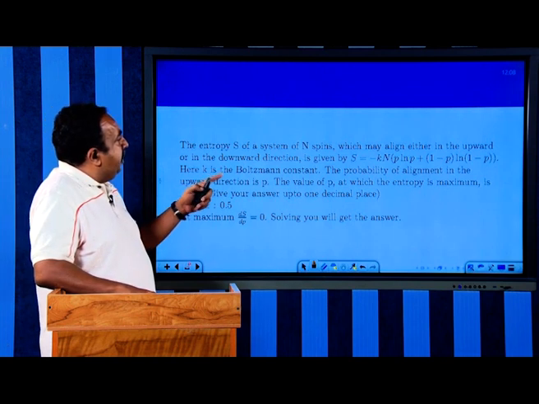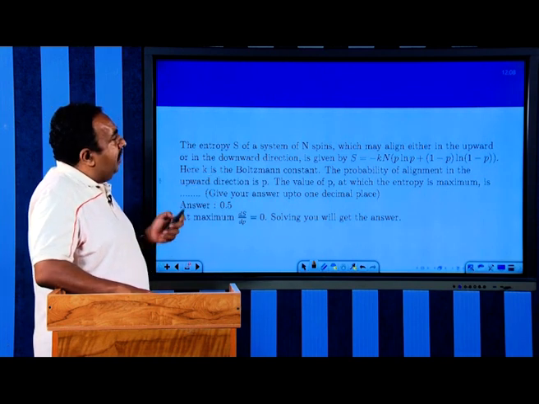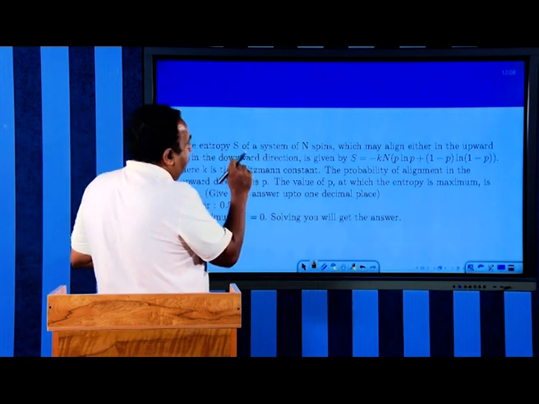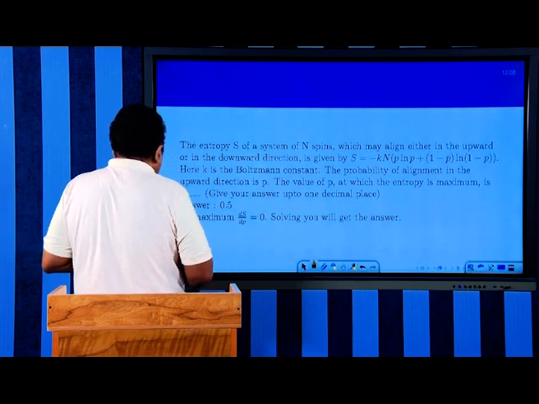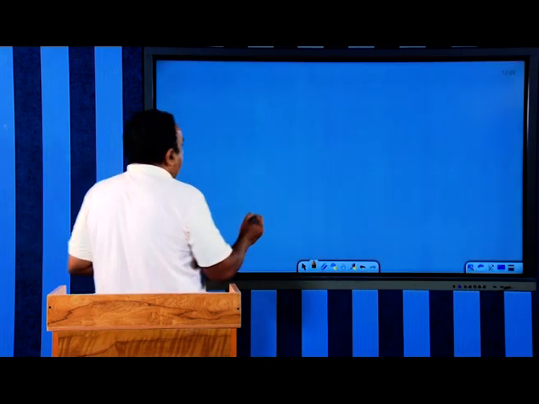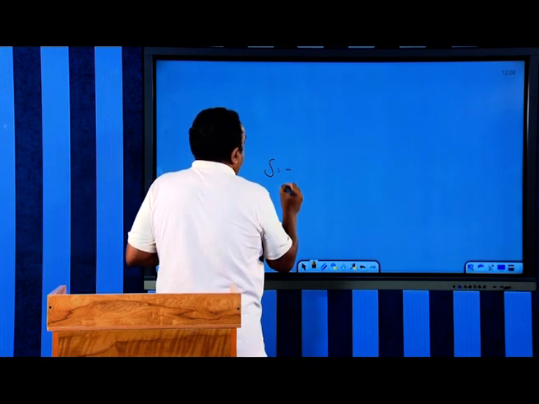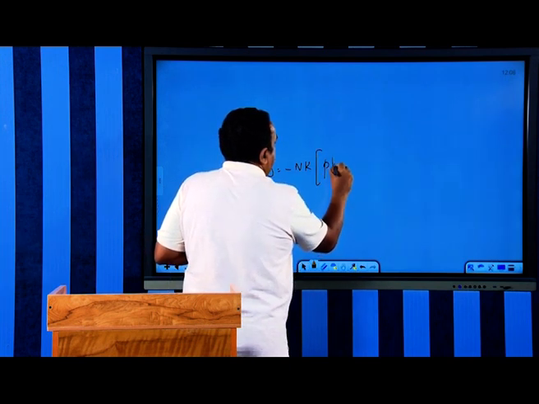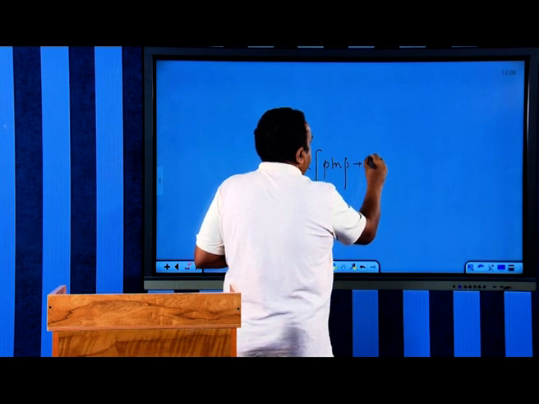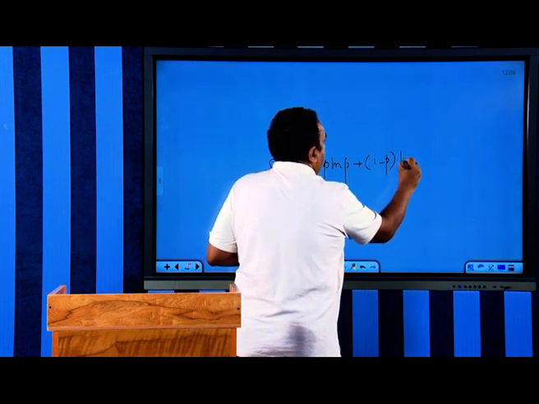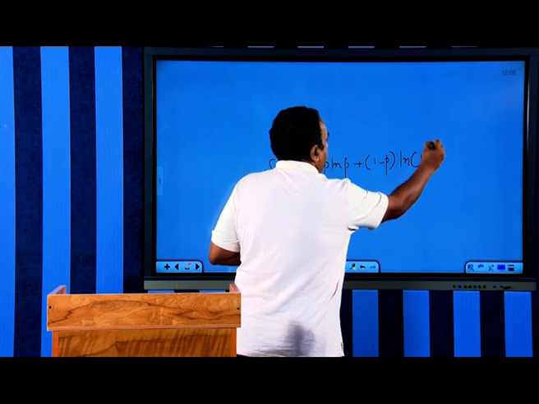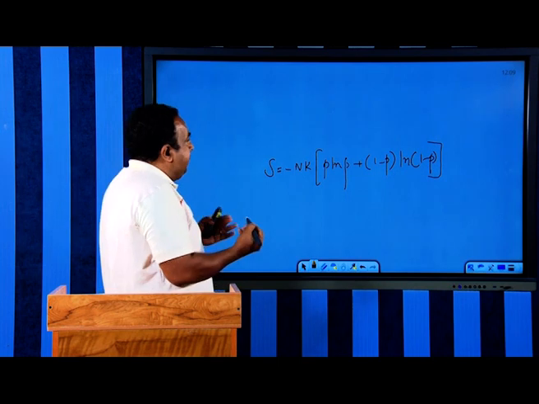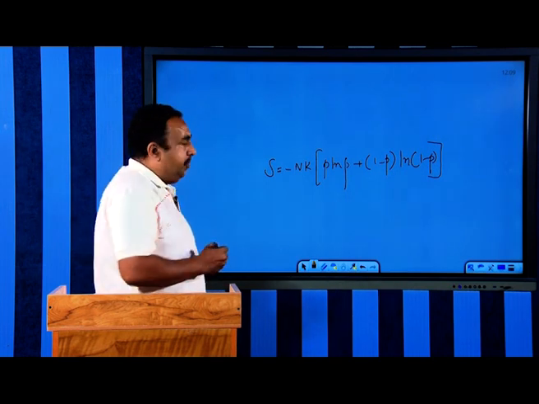I want to find out the value of P at which the entropy is maximum. This is your entropy. When is this entropy a maximum?